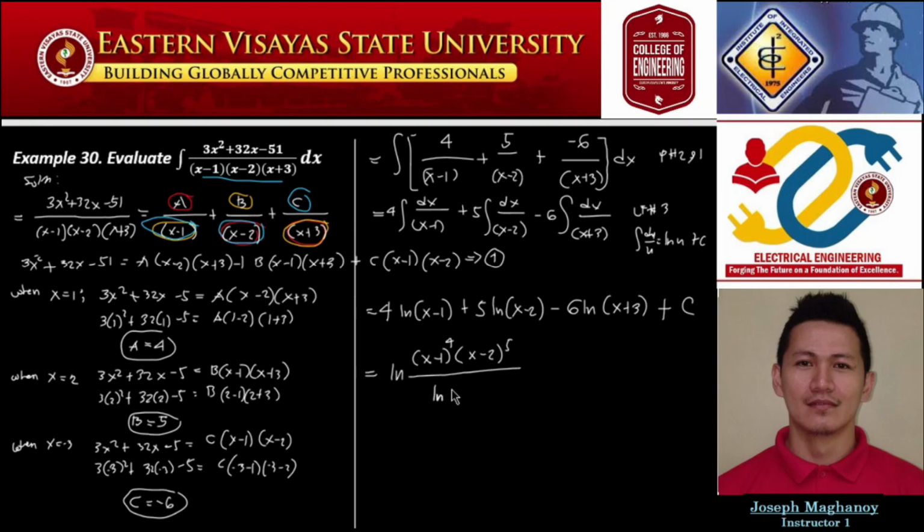So ln of the quantity x plus 3 only, because you already have the ln, x plus 3 to the power 6. Of course, plus your arbitrary constant. So that is your final answer for example number 30, which can be found in your workbook on page 109.